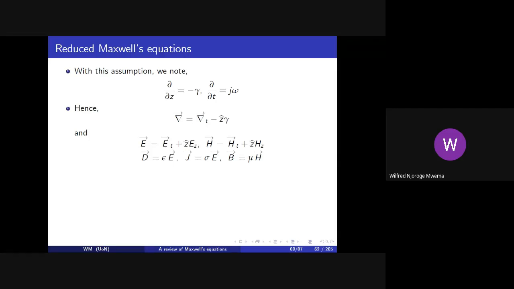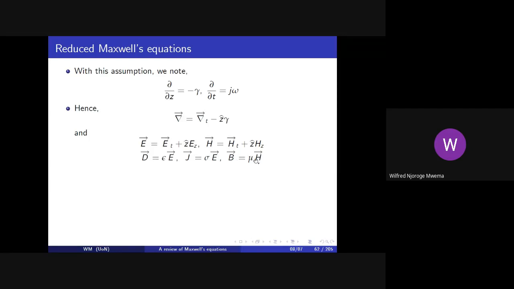And B, the magnetic flux density, is given by the permeability of the material multiplied by the magnetic field intensity H. This is also usually a complex number, but for the media that we are going to be dealing with in this particular course, which are said to be homogeneous, linear, and isotropic, they'll have a constant value, and therefore they'll be called scalars.